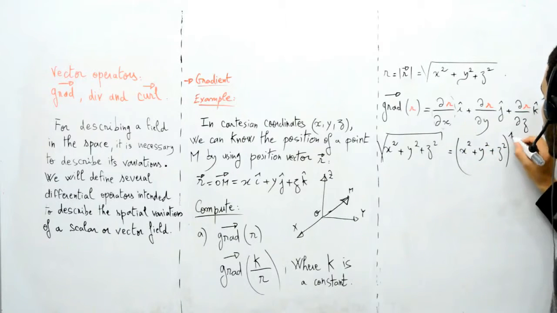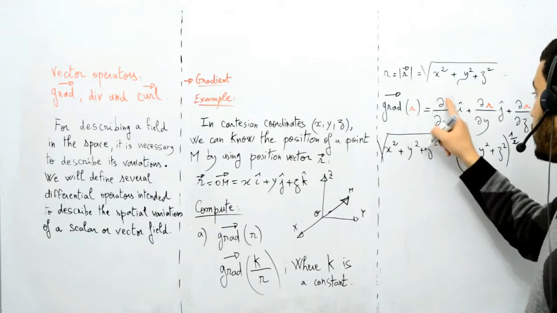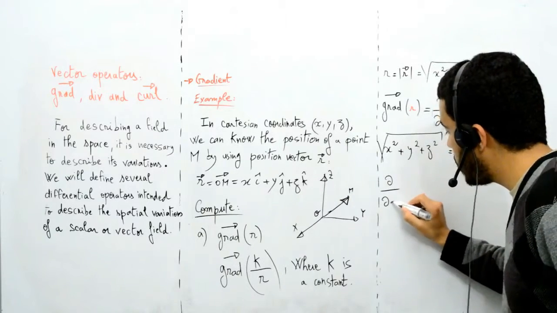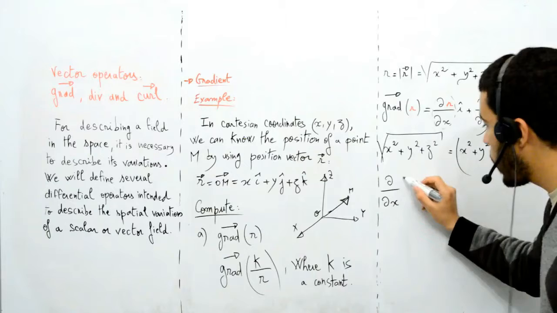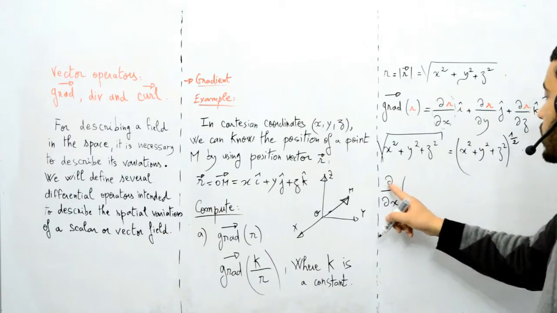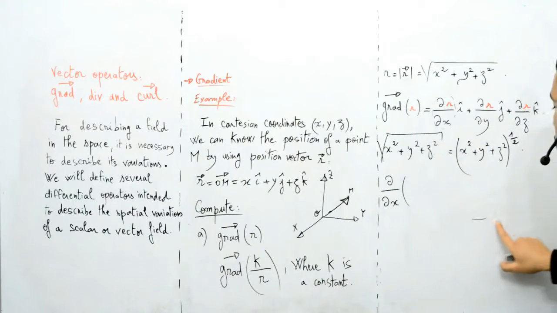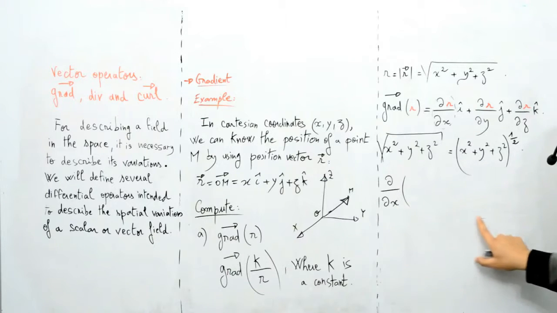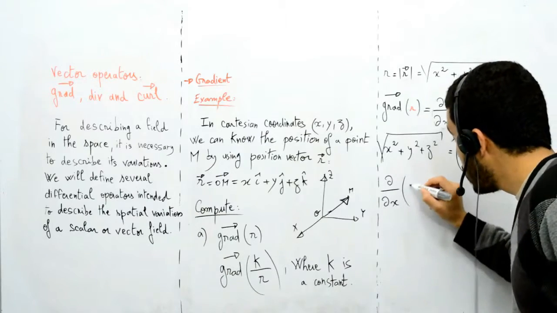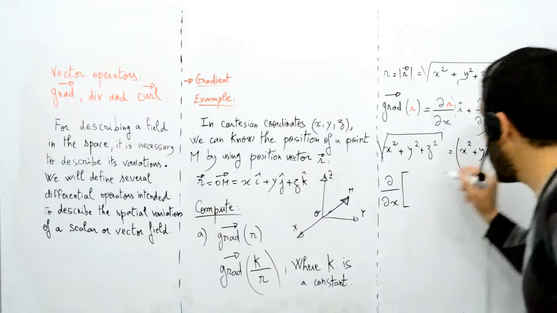And this derivative, for example, partial over partial x, is the derivative of this whole quantity with respect to x, and I consider y and z constant.